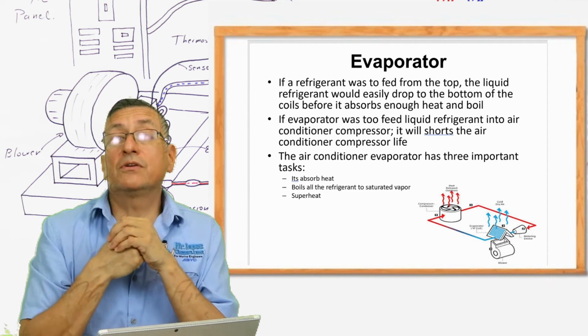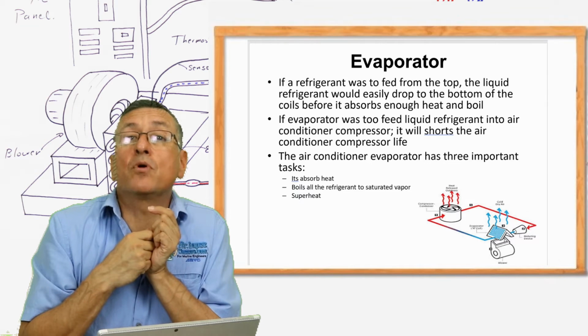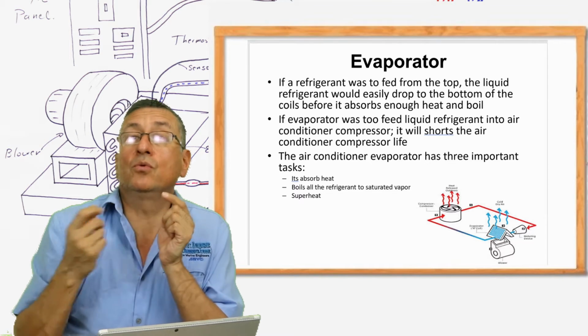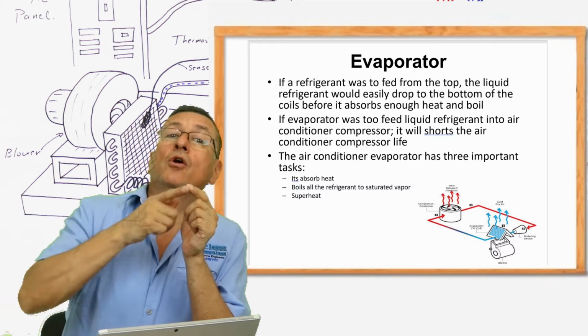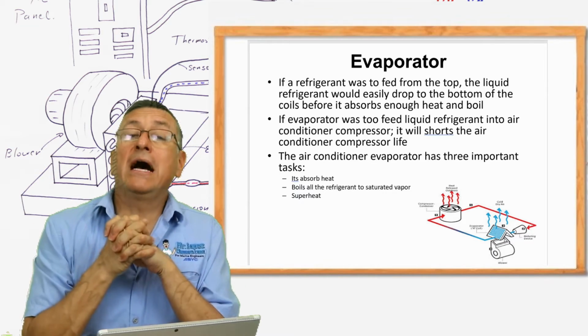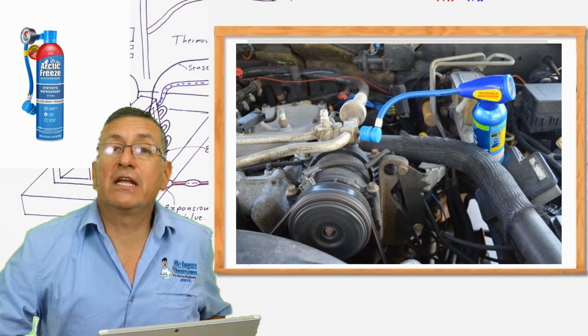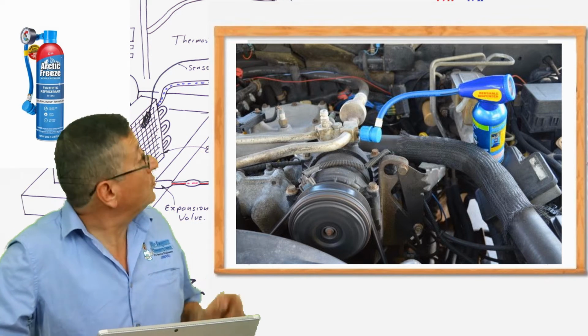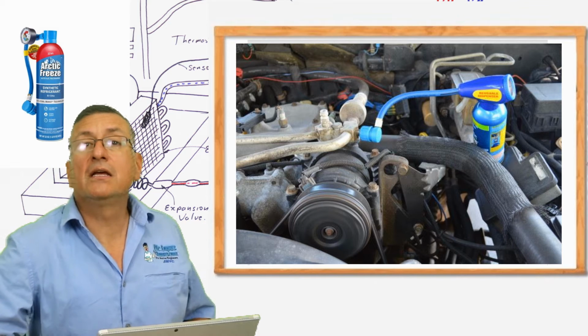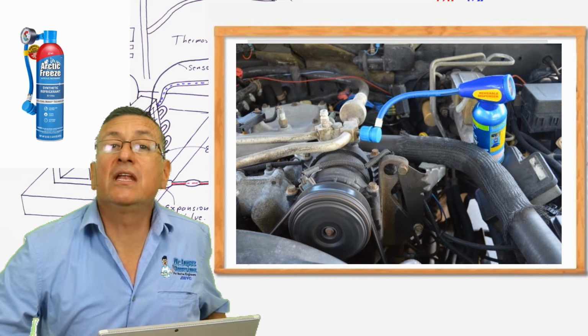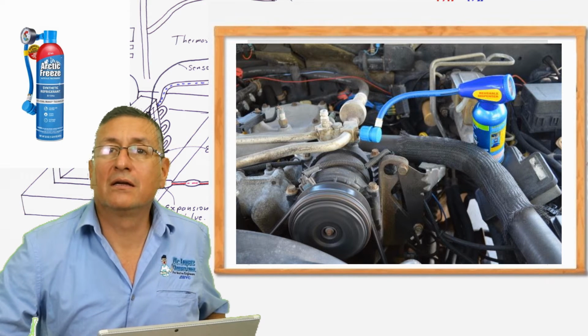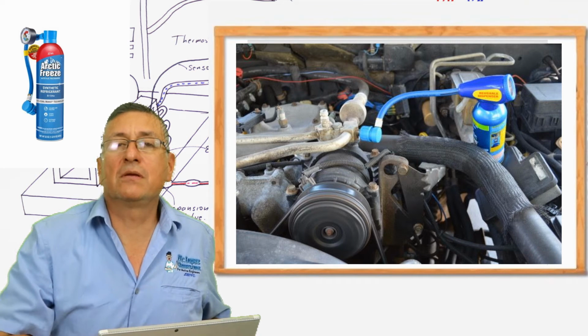Yes, through the low pressure side, because in the low pressure side is vapor, the blue one. And I am going to introduce the refrigerant through the low pressure side. When you buy this bottle to recover the refrigerant in your car, you introduce it through the low pressure fitting of the air conditioning system in your car.